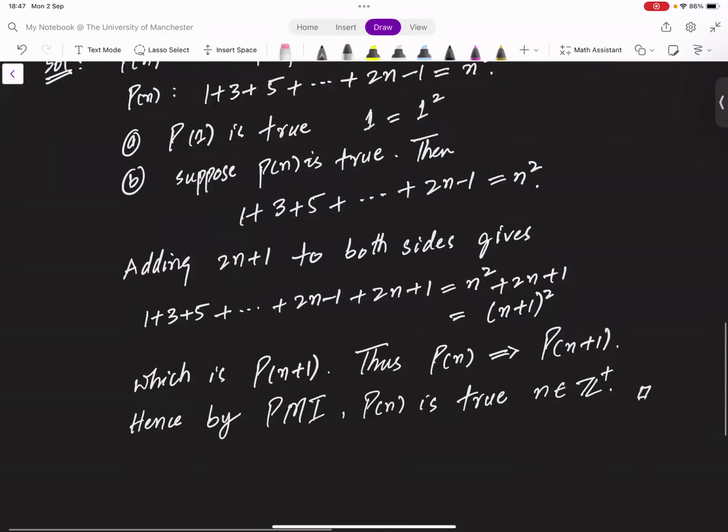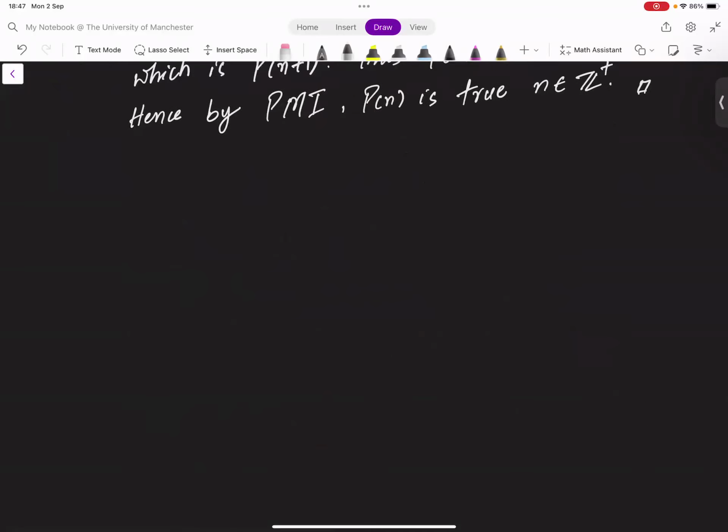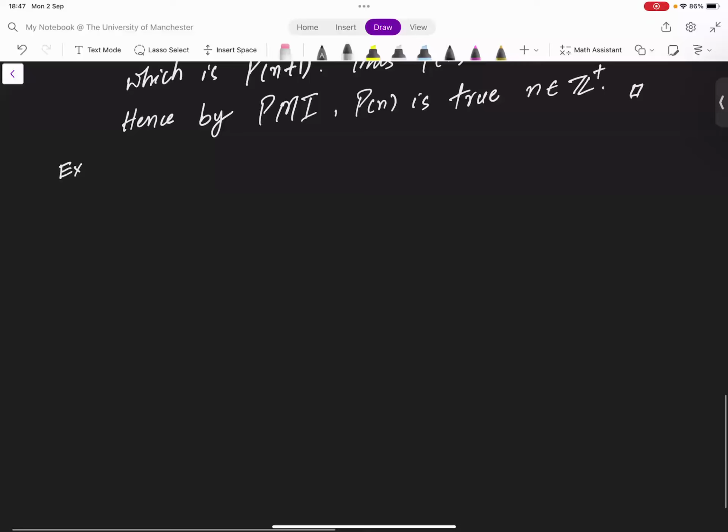Similarly, we can prove the second statement.